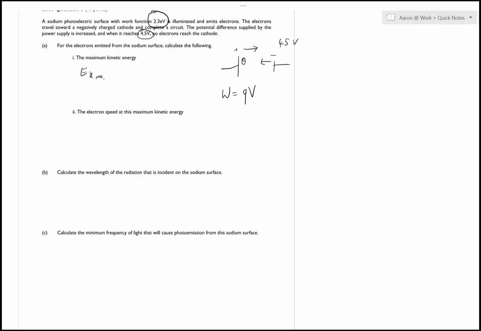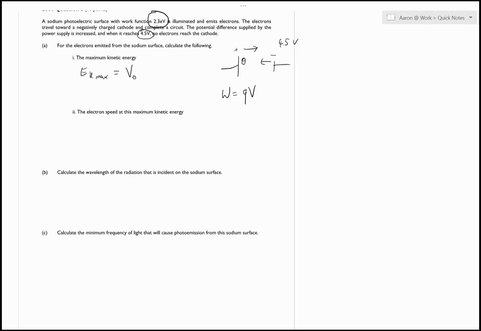EK max is equal to V0. So V0 is our stopping voltage, and EK max is the maximum kinetic energy of our electrons. Remember, our electrons have different amounts of kinetic energy depending on how much energy they needed to use to get out of the metal atom. But the ones on the very outside, the ones that are least tightly bonded, will have maximum kinetic energy.